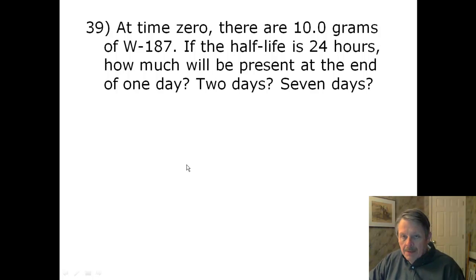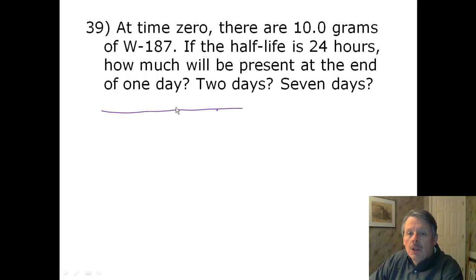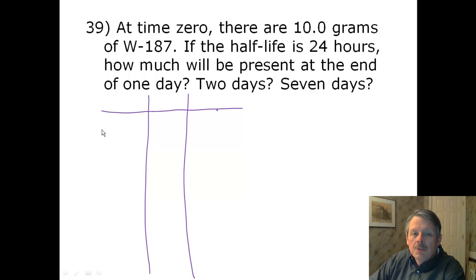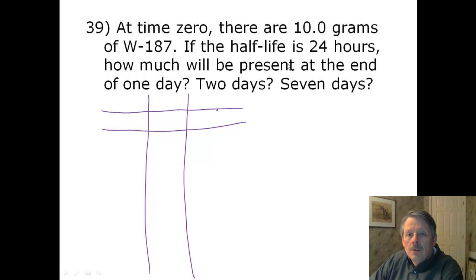All right, let's try this one. At time 0, there are 10 grams. So this looks like I'm going to have to put a lot of information in here. All right, I'm going all the way up to 7 days, and the half-life is 24 hours, so that's 1 day.